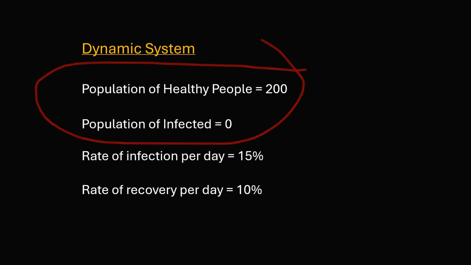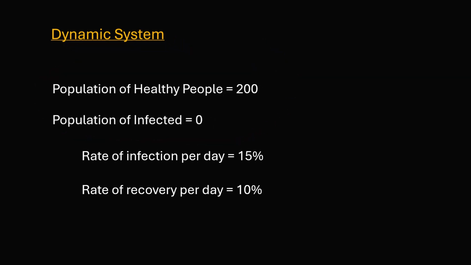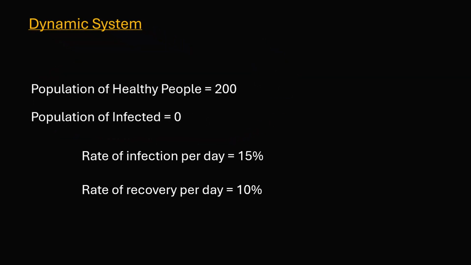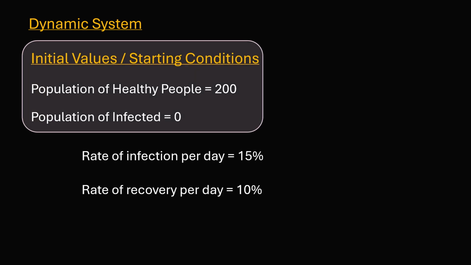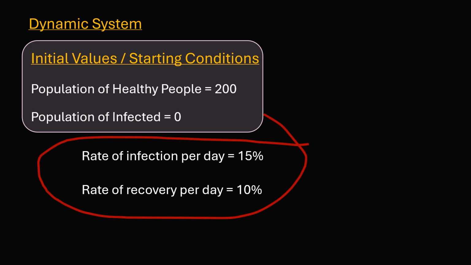So initially, what is there on day 0? 200 healthy people and 0 infected people. So I can say that the initial conditions are population of healthy people, 200, population of infected people, 0. And then what about the rate of infection and rate of recovery?